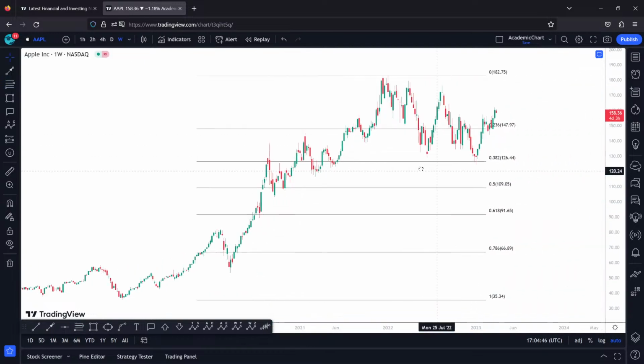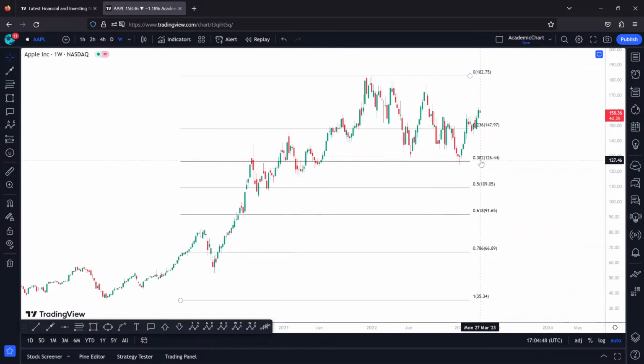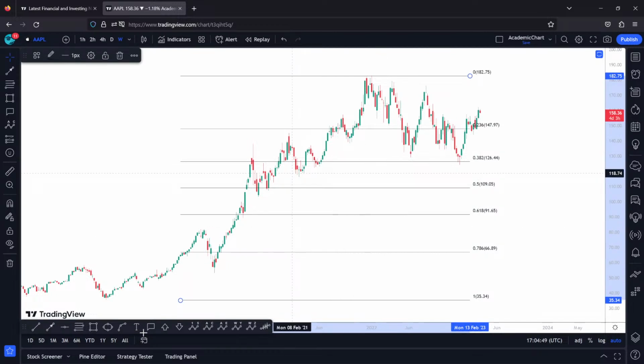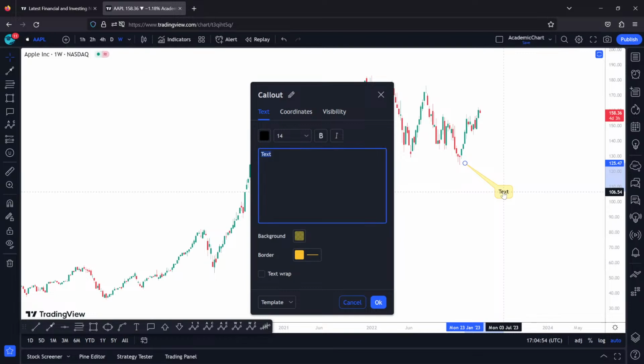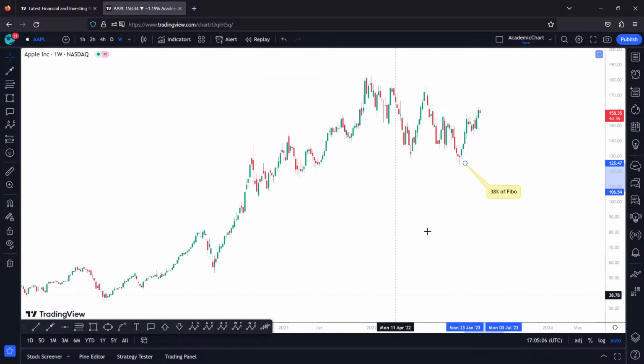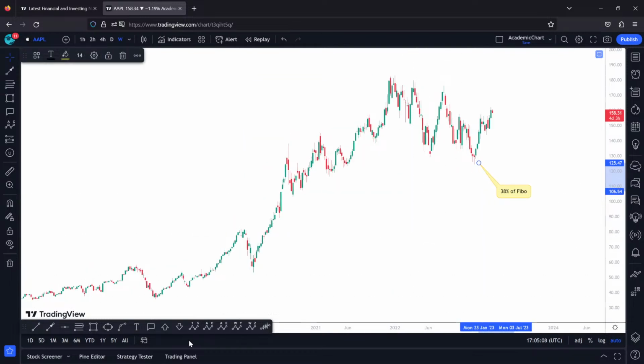We can see up to 38 percent. So let's remove these and add a callout here that we have a reversal corrective structure to 38 percent of Fibo here.